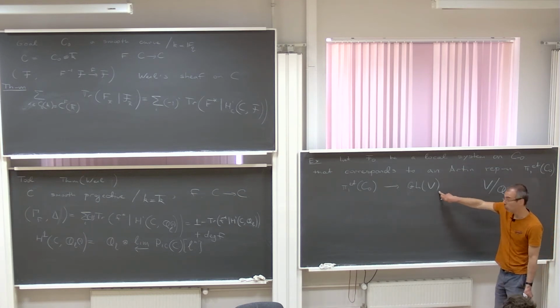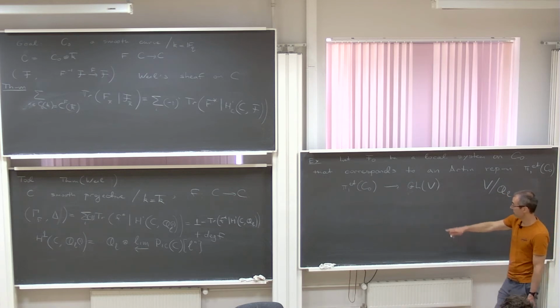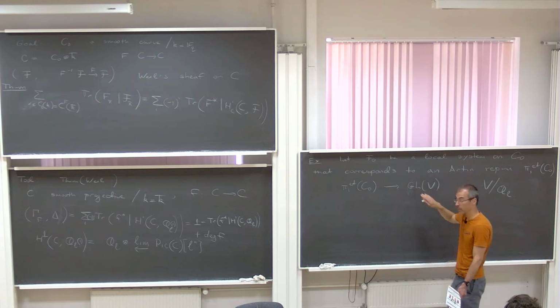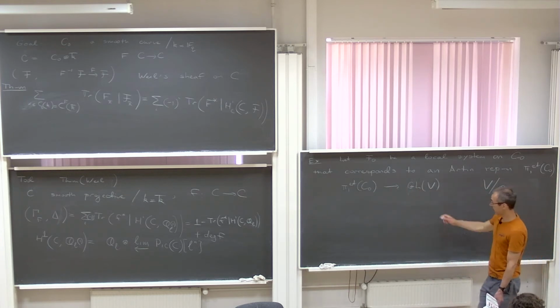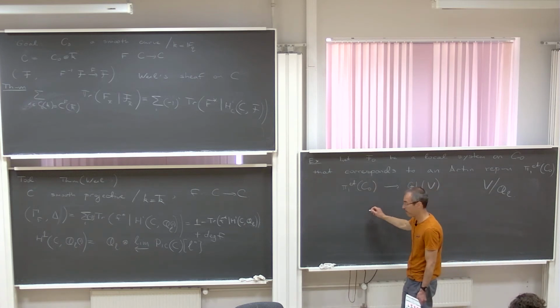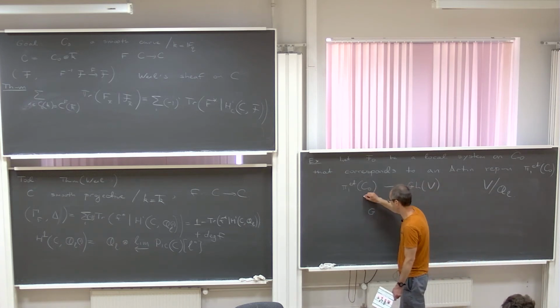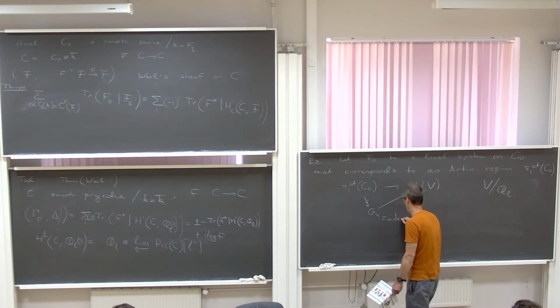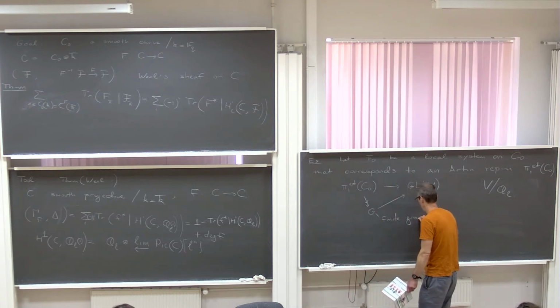It has the L-adic topology. A local system is a continuous representation. An Artin local system is such a representation which factors through a finite quotient, a finite group. That's the definition. Okay?